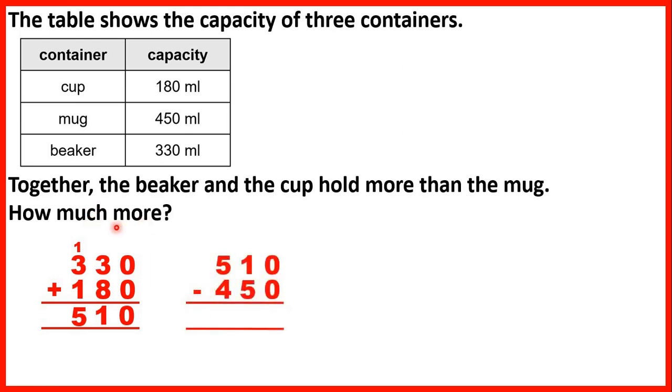So to find how much more, to find the difference between 510 and 450, we can subtract, and when we use column subtraction, we get 060, so we can ignore zeros at the start of a number. We have 60 millilitres more. So 510 is 60 more than 450.